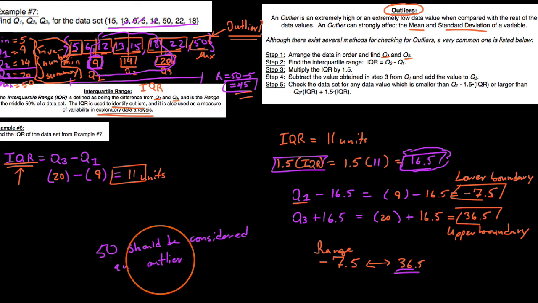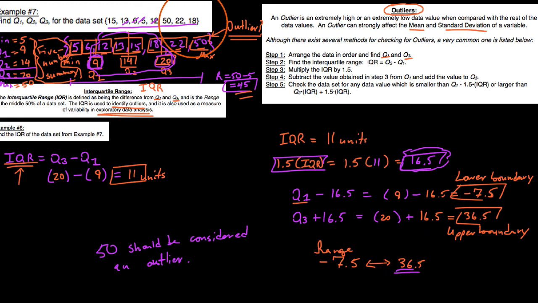Let me ask this question: how big would a datum in this data set have to be before we started to consider it an outlier, or how small would it have to be? Any datum that wants to not be an outlier would have to be 36.5 or less, but also negative 7.5 or bigger. In other words, the biggest you could get in this data set without becoming an outlier is 36.5.